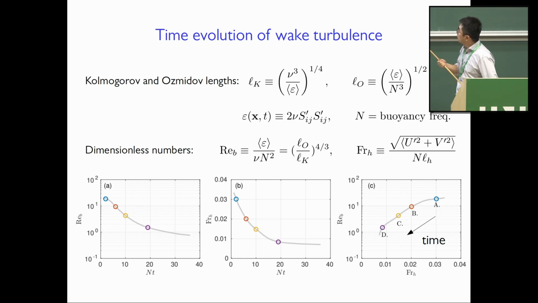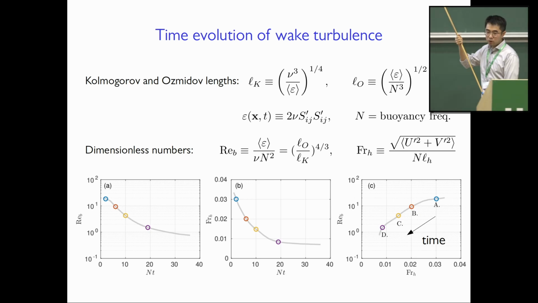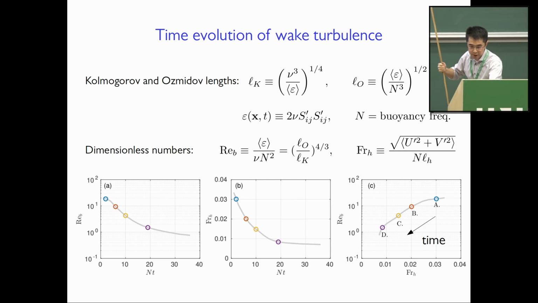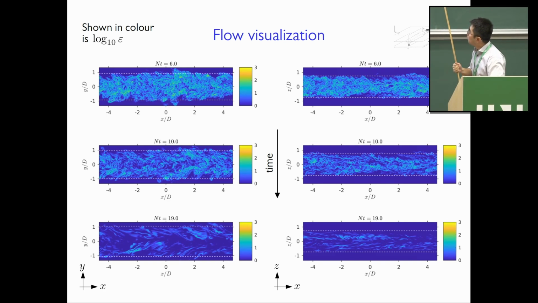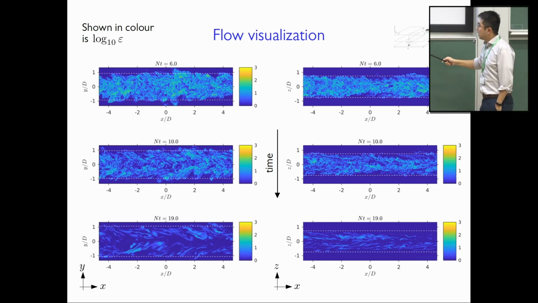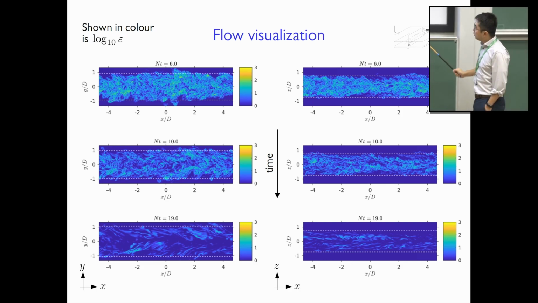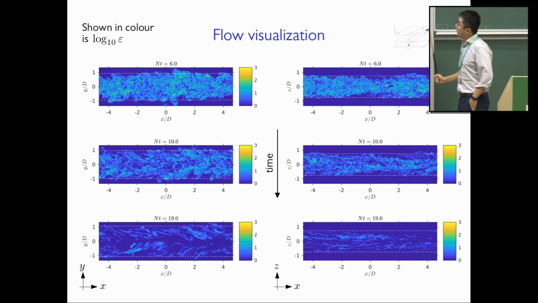I'm going to focus on the four snapshots here and give you some qualitative understanding of the flow first, showing you the log 10 of dissipation rates. On the left, I'm showing you snapshots in the horizontal plane, and on the right, I'll give you the side view again.